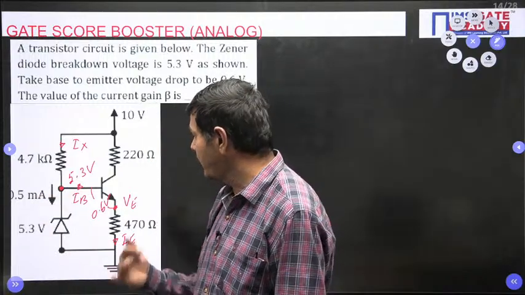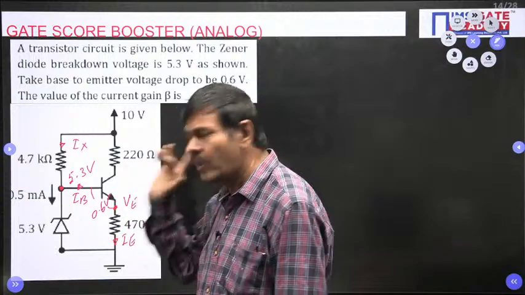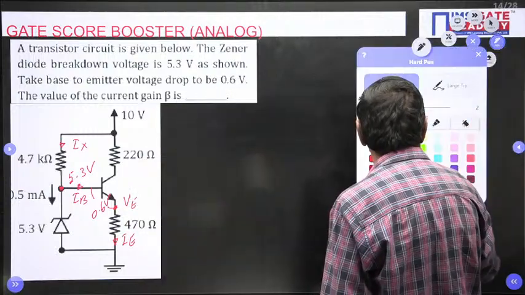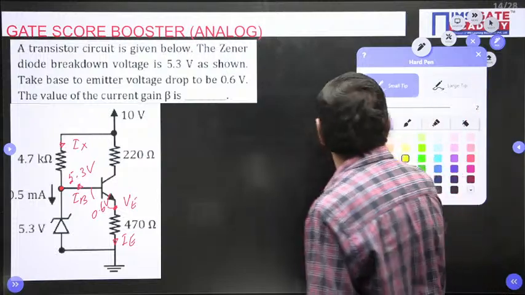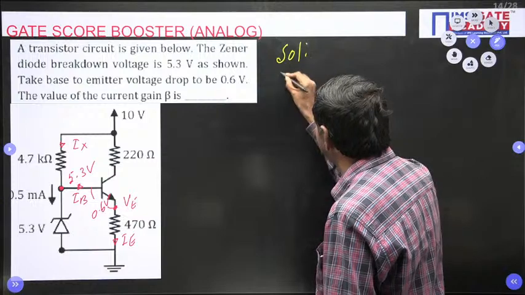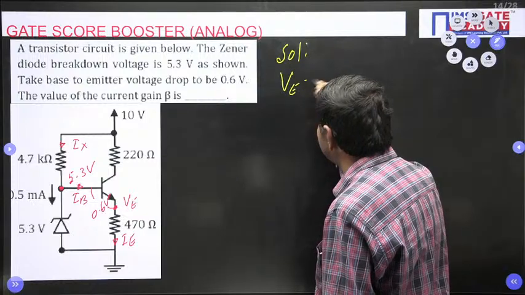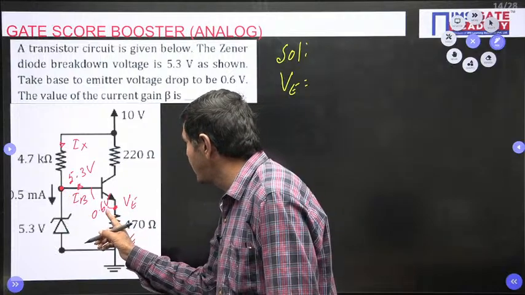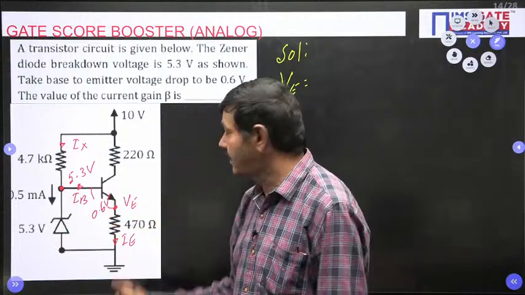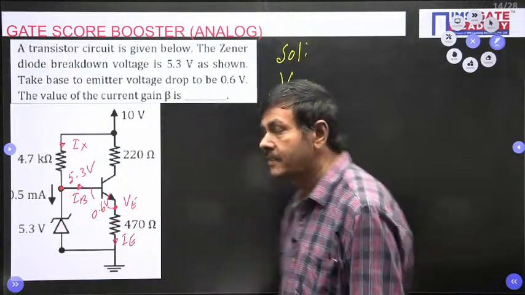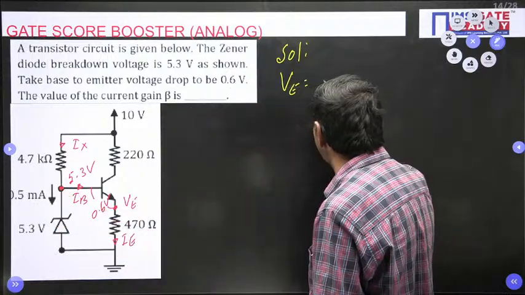So where do we have to start our work? What is the emitter voltage? I can get the emitter voltage like this. The emitter voltage is nothing but 5.3 minus 0.6.